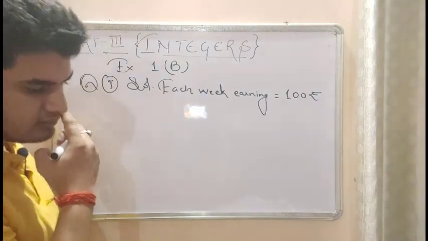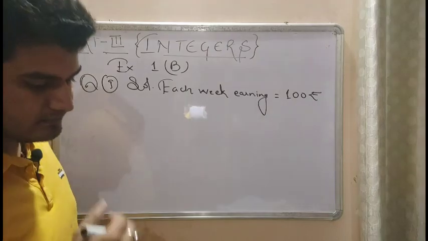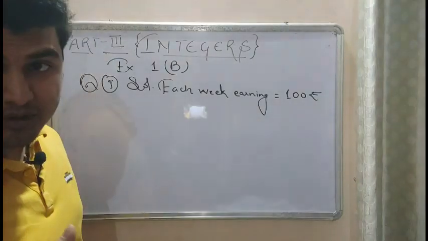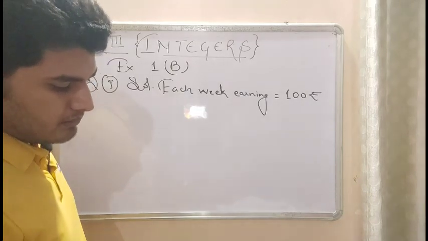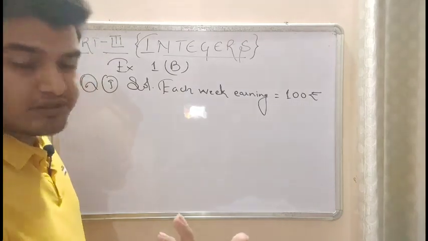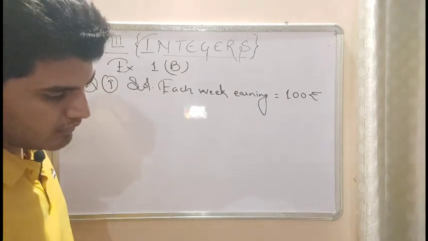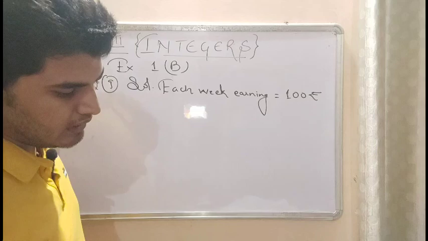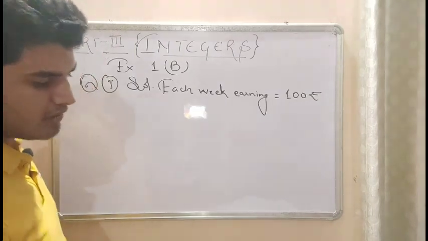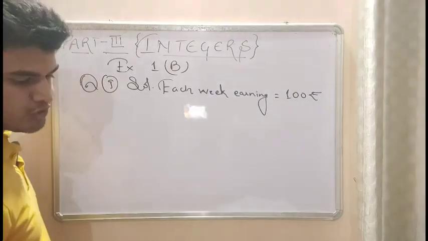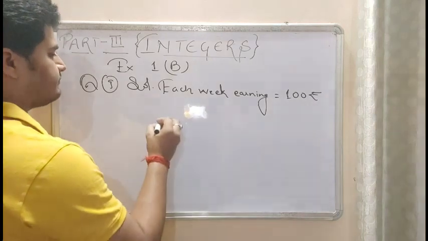Suppose there is a person, you are the person, and you are earning 100 rupees every week, like your pocket money, though it is a good amount of money, but still, let us suppose, what is the big deal in supposing. So every week you earn 100 rupees, but every other week you spend 25 rupees. What is the total amount of money you have after 8 weeks?